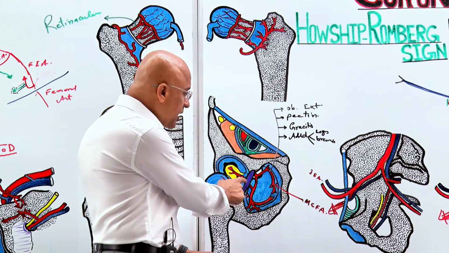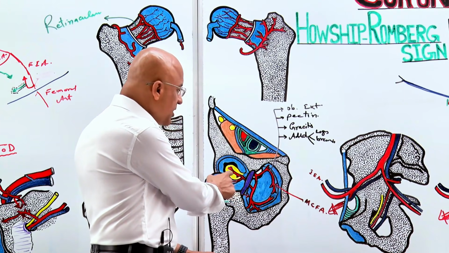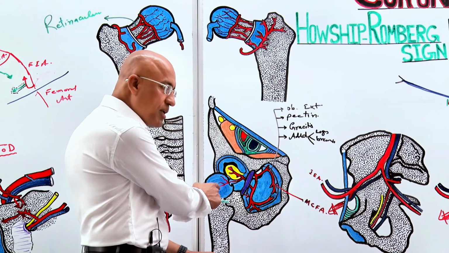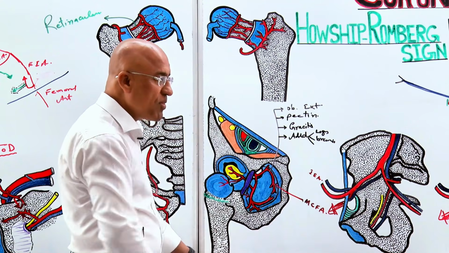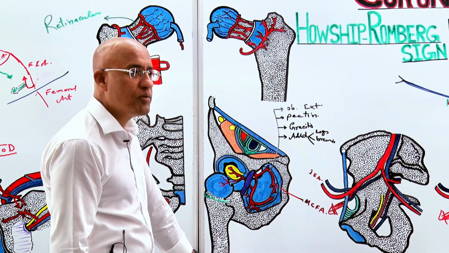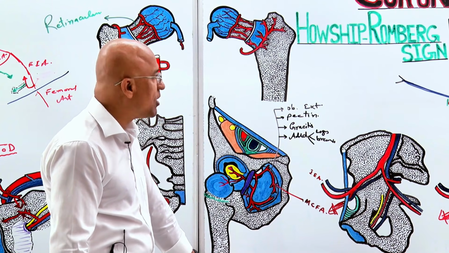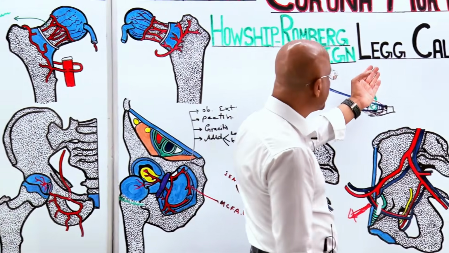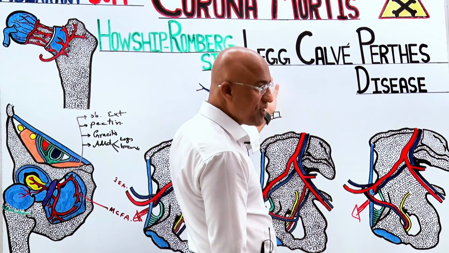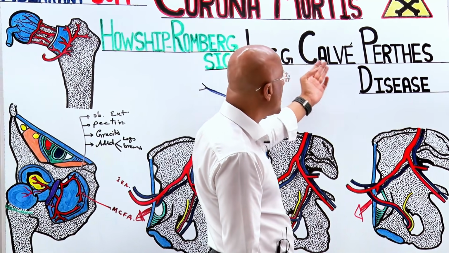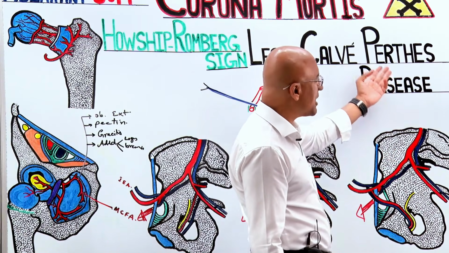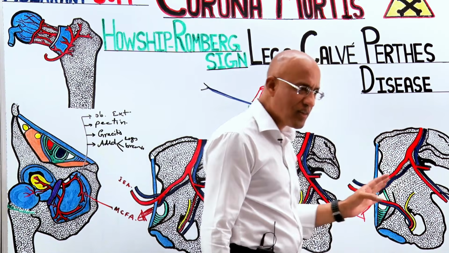But a very special acetabular branch, which gives the foveal branch, if this branch is damaged in children, there's a tragedy, avascular necrosis, which is also called Perthes disease, or a very long name because there were 3 different doctors in 3 different countries, right? They described the same condition independently. So we have such a long name, but I would call it just Perthes disease, right?